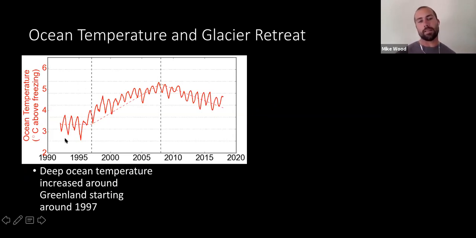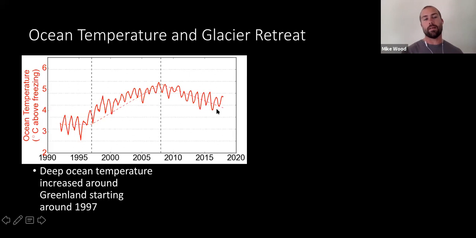And what we can see is that there was a period of stability in the ocean temperature in the 1990s. Somewhere at the end of the 1990s, that ocean temperature started to increase, and we have this warming period, and that persisted until almost 2010. And then subsequently thereafter, we had a cooling trend, but not sufficiently to bring the ocean temperatures back to what they were in the 1990s.